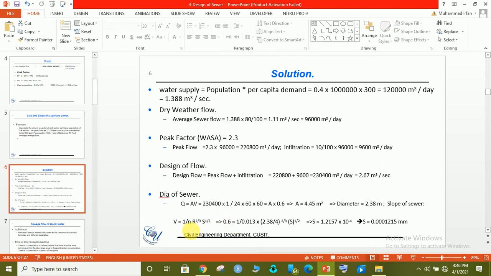The velocity is already given as 0.6, so you can calculate the slope from this, which is 0.000115. So the diameter of the trunk sewer is 2.38 meter, and the slope of that trunk sewer is 0.000115, calculated for the population of 0.4 million.